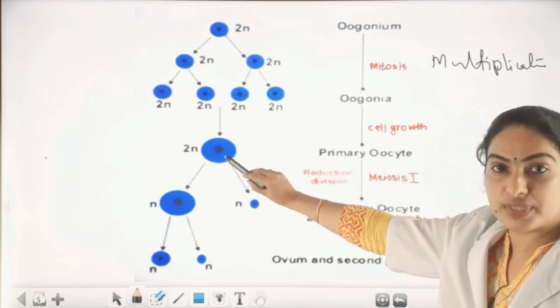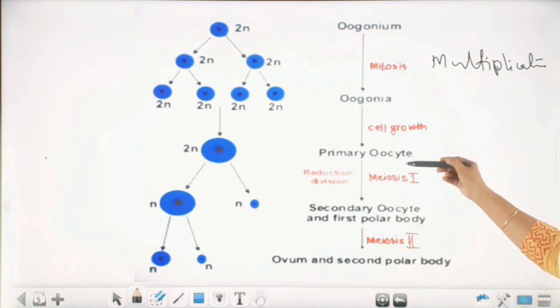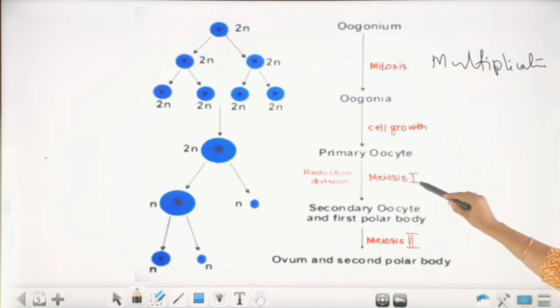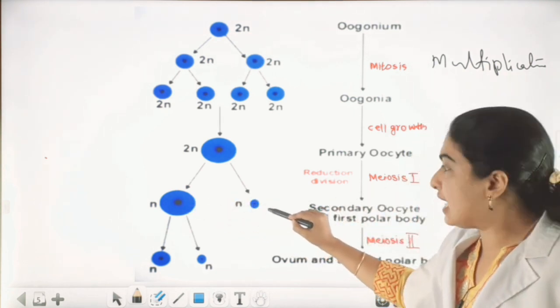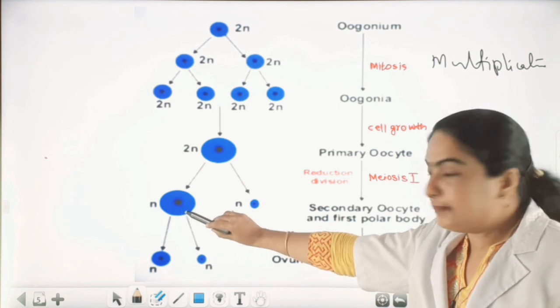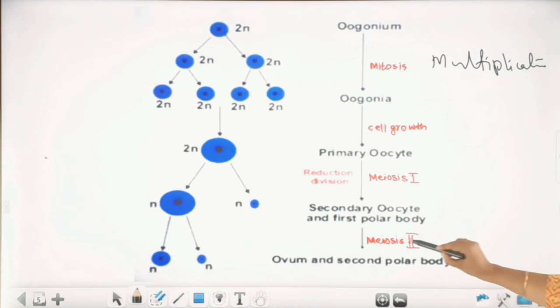This is a primary oocyte, that is also diploid in nature. Then this primary oocyte undergoes reduction division or first meiotic division to form two unequal haploid cells, and this is the secondary oocyte, and this is the first polar body. Okay, and it undergoes meiosis 2.